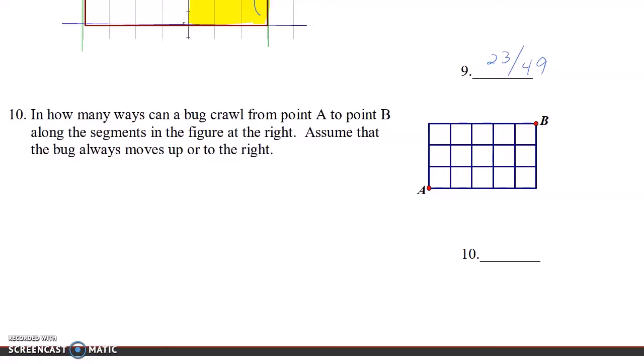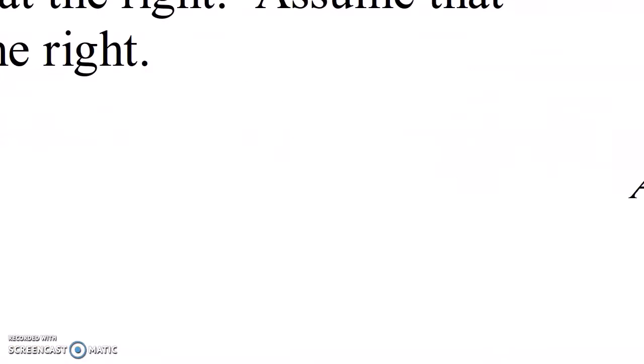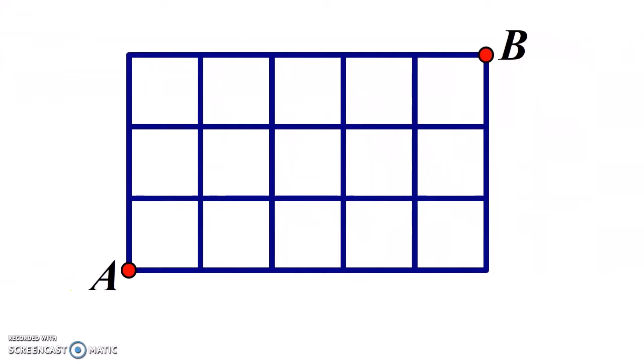How many ways can a bug crawl from point A to point B along the segments in the figure at the right? Assume that the bug always moves up or to the right. I'm going to zoom in so that we can get a really good view of this. So if the bug starts at point A and wants to go to this point here, there's only this one path he can take.